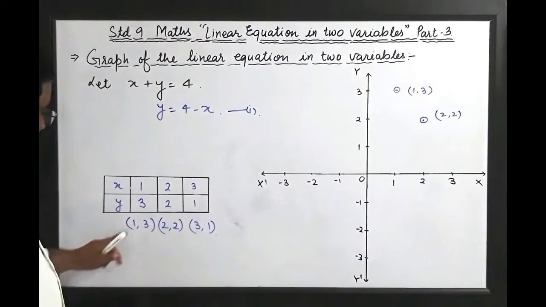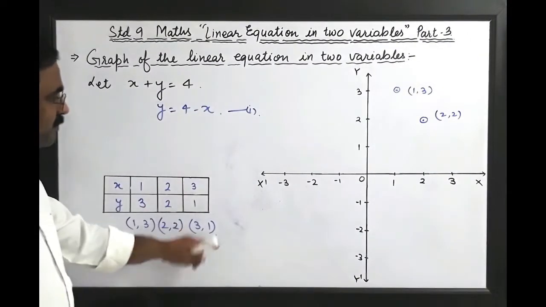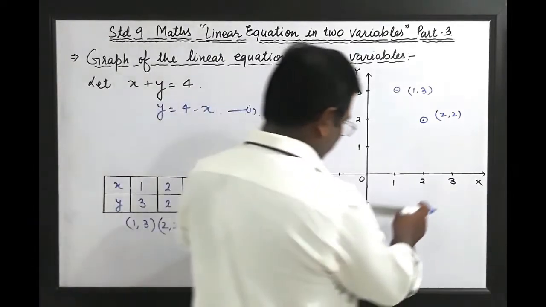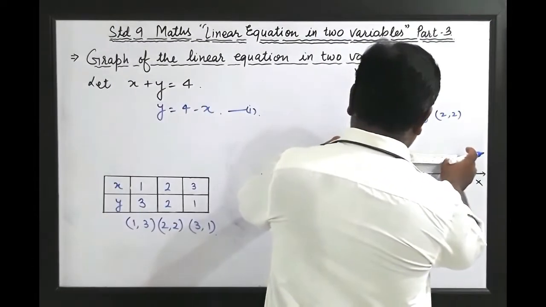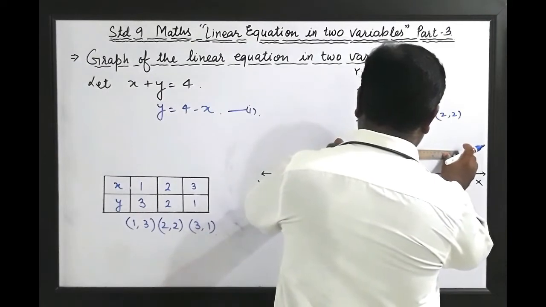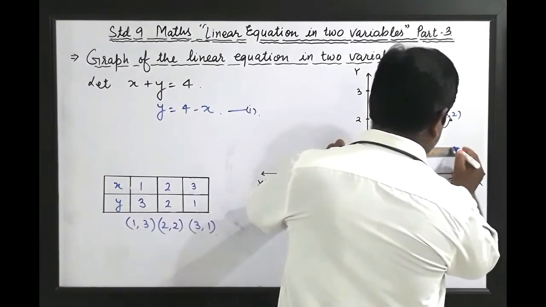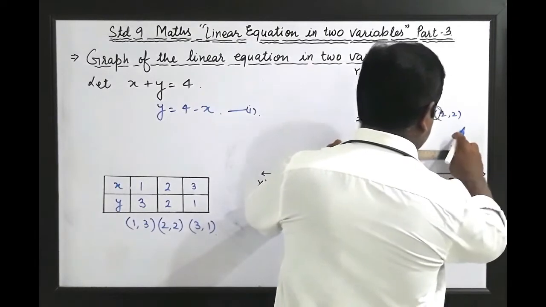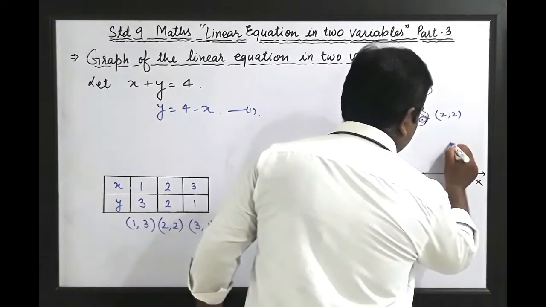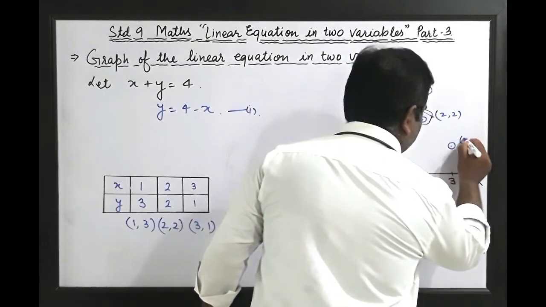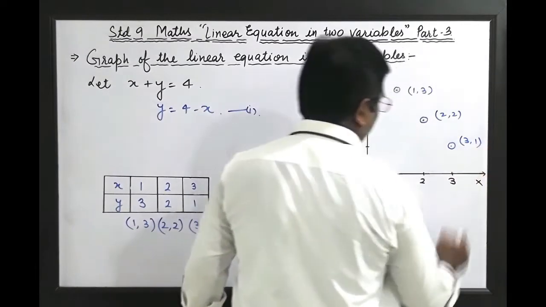Now the third point is 3 comma 1, meaning on x axis is 3 and on y axis is 1. Therefore its point lies here, 3 comma 1.